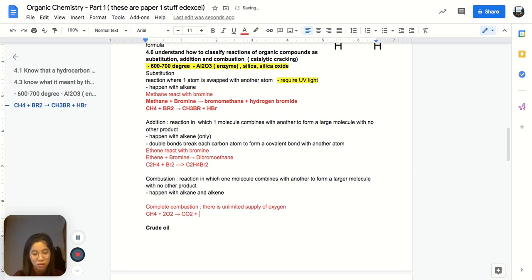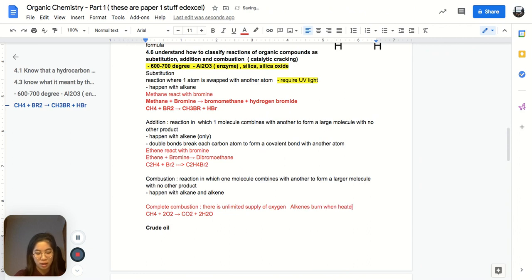So CH4 plus 2O2 gives CO2 plus 2H2O. And that is one of the really famous examples, and it's alkane.